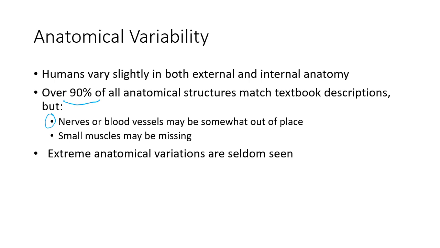We'll look at the case of some missing muscles at times. Same thing goes for bones. But for big variations within the body, oftentimes they're not compatible with life. And so when those changes are very, very big, it's going to lead to big problems that the body can't really overcome.